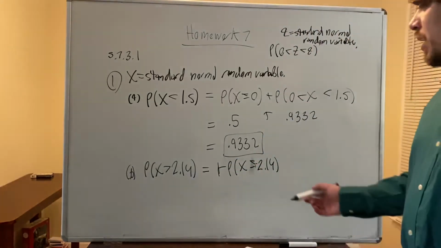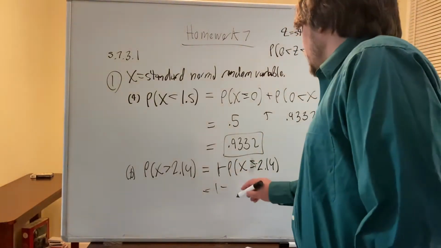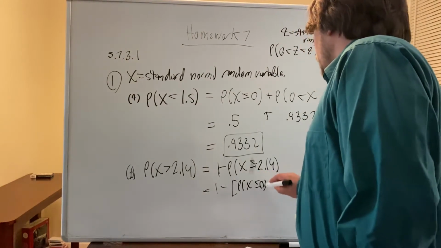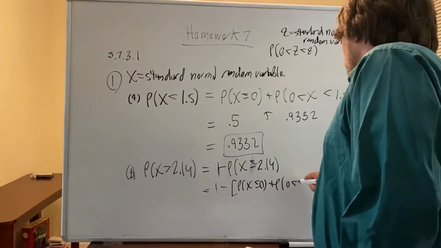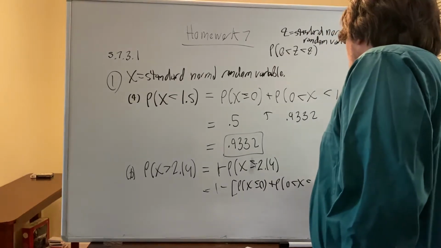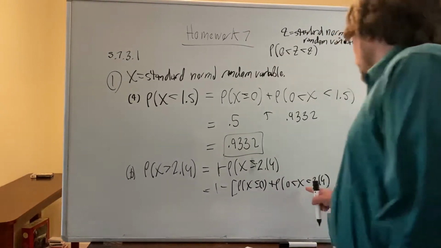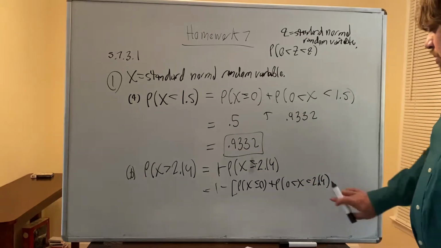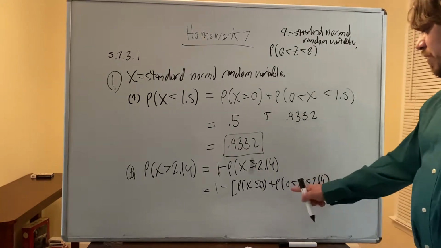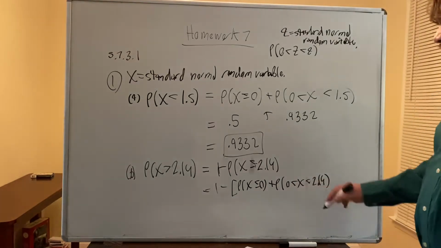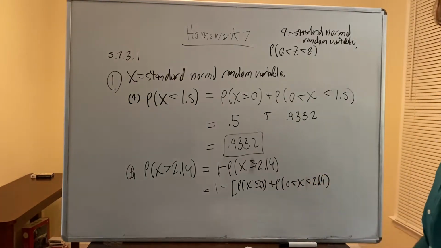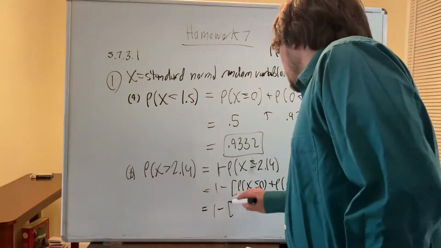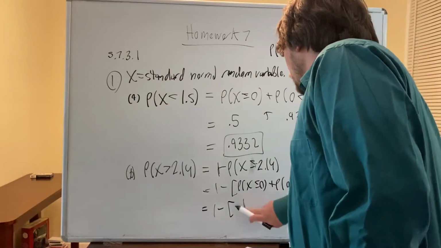That's equal to 1 minus the probability that x is less than or equal to 0, plus the probability that 0 is less than x less than 2.14. I put less than or equal to here, but I'm going to switch it to less than because those probabilities are the same. It doesn't matter if you have the equal sign or not. Okay, so this is 1 minus that probability, which is 0.5.